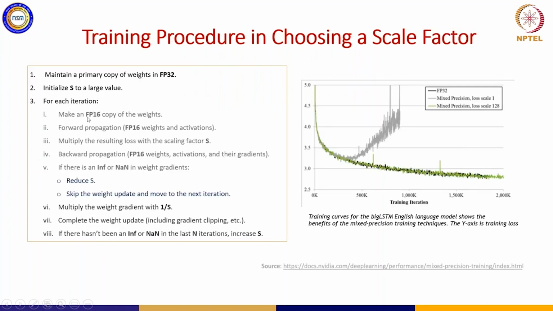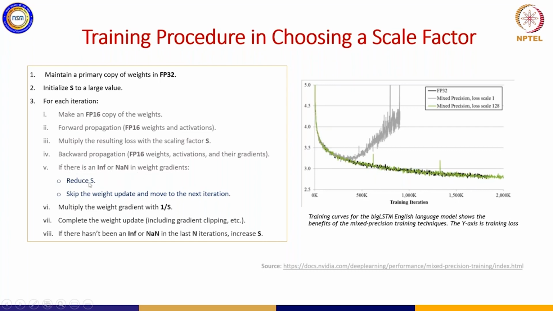Then in your iteration, you make a copy of your FP16 weights. Then you perform forward propagation with it. Then you scale with the value. After you scale, you perform the backward propagation. After the backward propagation is performed, you check if that does not result in overflow, that is infinity or NaN in your gradient weights.